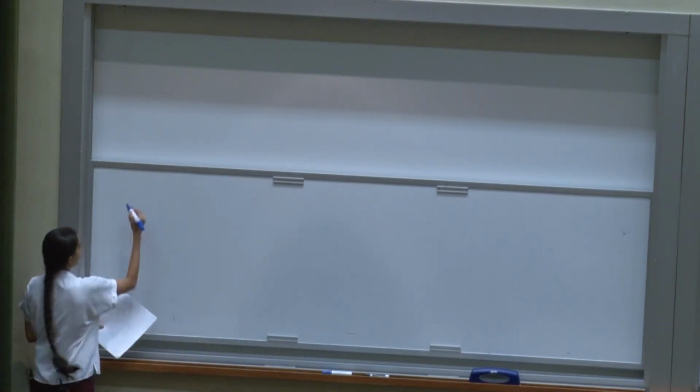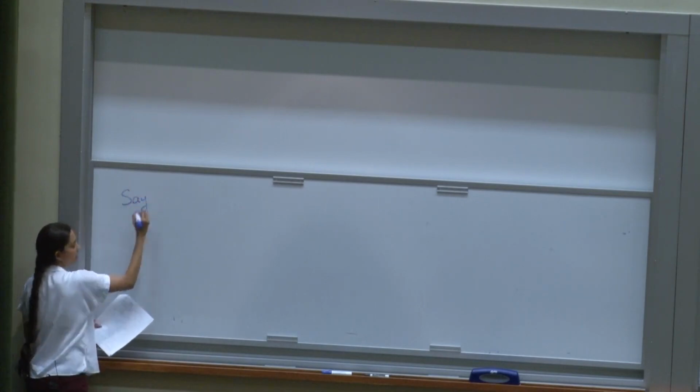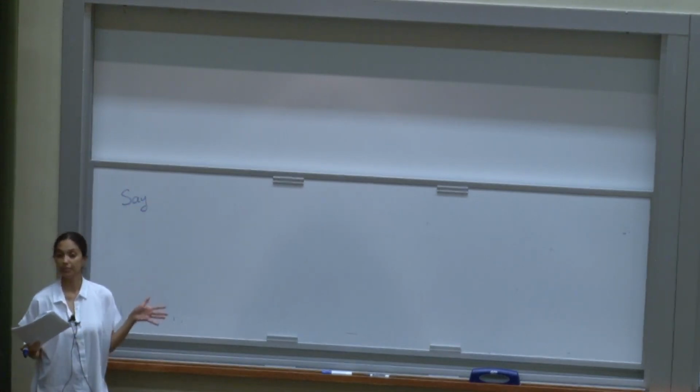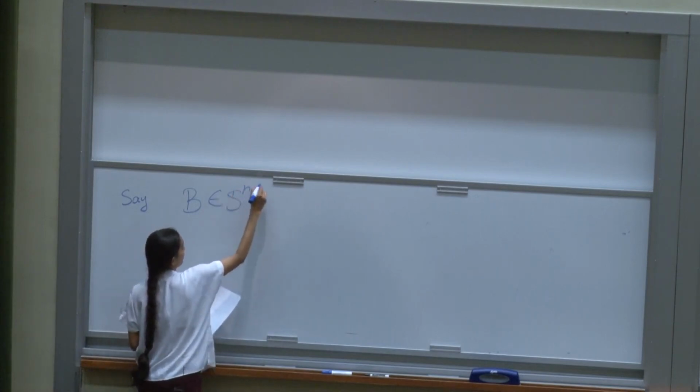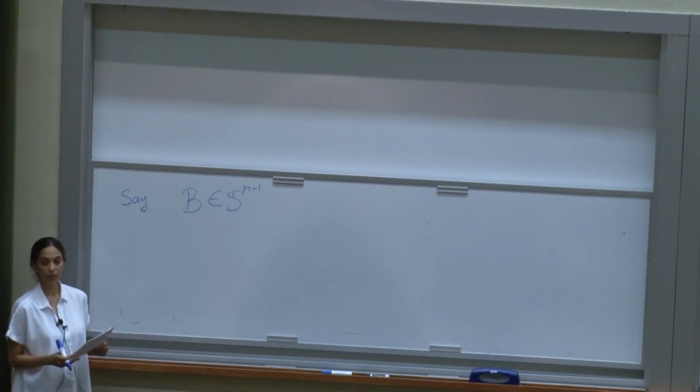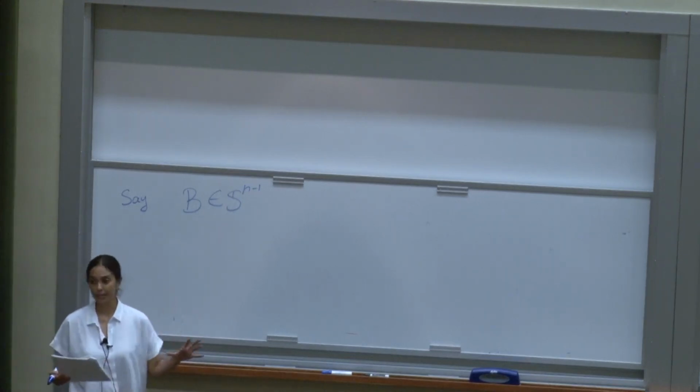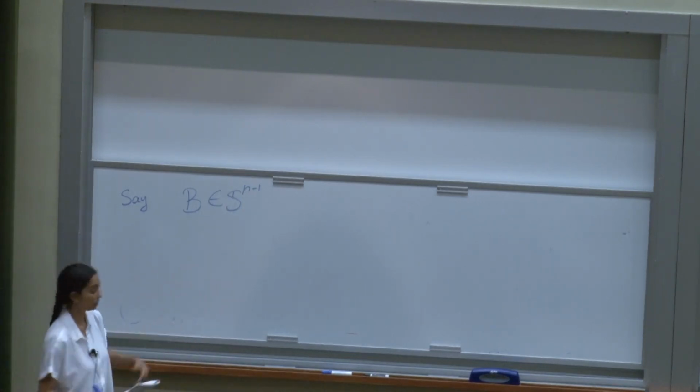So now let's say that algebraic multiplicity and geometric multiplicity are equal for all B's that are one dimension smaller, so that are belonging to S_{n-1}, right? This means I can write B as a diagonalized matrix.